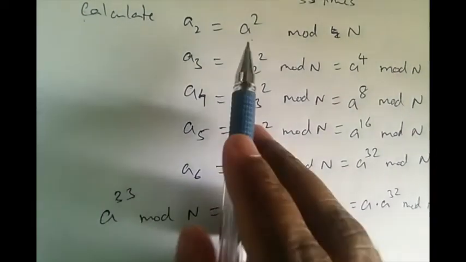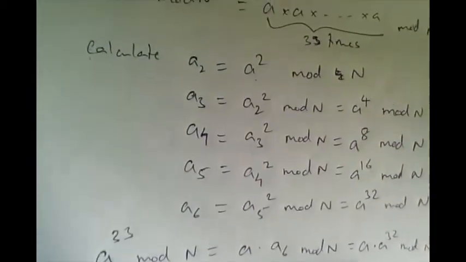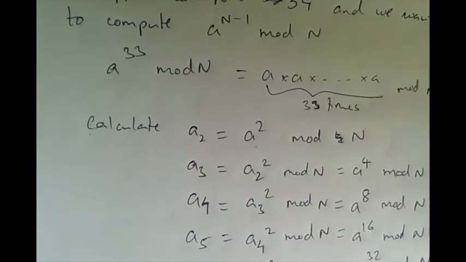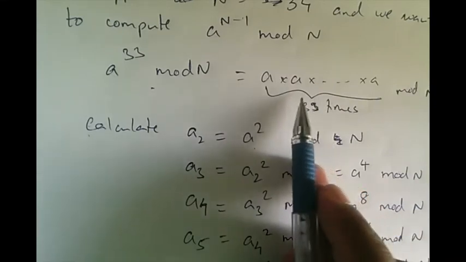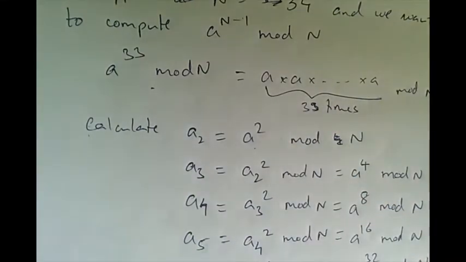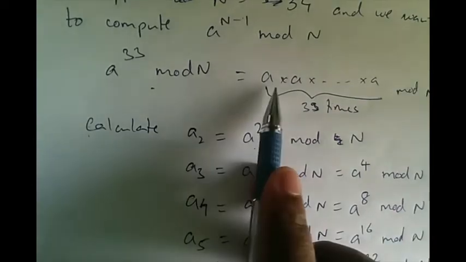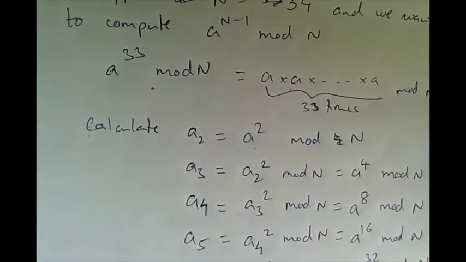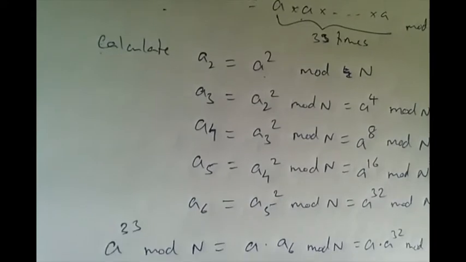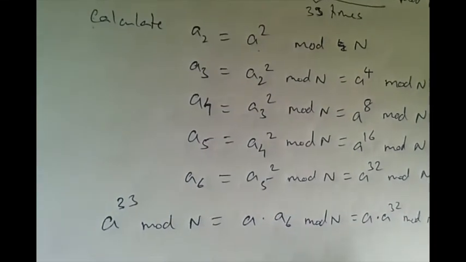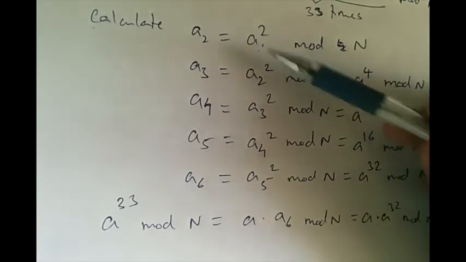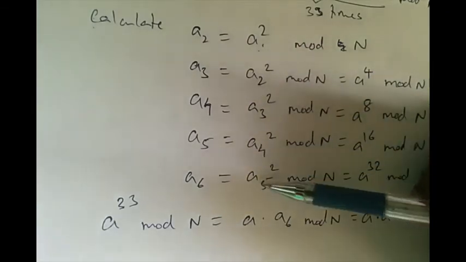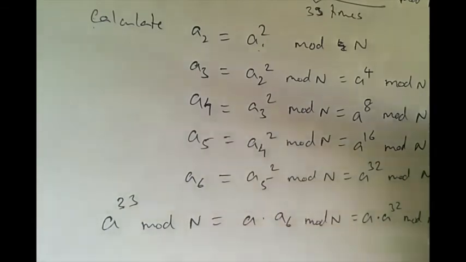So this is square and multiply: you keep squaring, and then multiply when needed. You wanted to compute a raised to 33. The brute force way would be to do 32 multiplications, a multiplied by a and so on. But if you keep squaring, you can compute it with far fewer multiplications. How many did we need? 1, 2, 3, 4, 5 and 6. So 6 multiplications instead of 32.